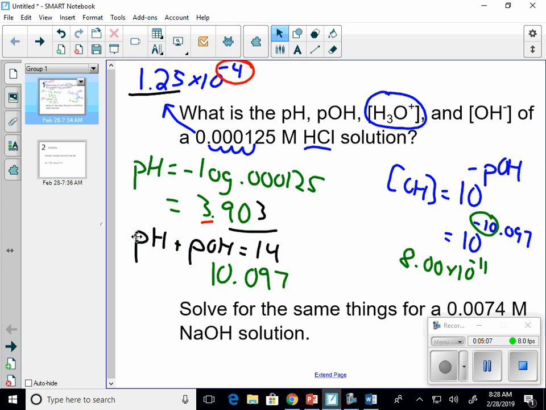And if you recall, if you were to do hydronium times hydroxide equals 10 to the negative 14th, there's only 3 significant digits in the original molarity, the hydronium. Therefore, I should only have 3 significant digits in the hydroxide because of the rules of multiply and divide, the number of digits they have in common.